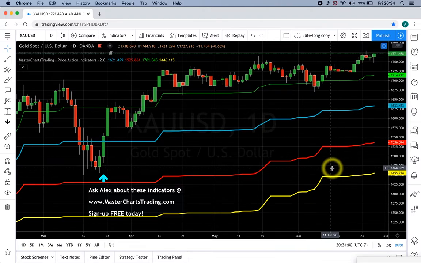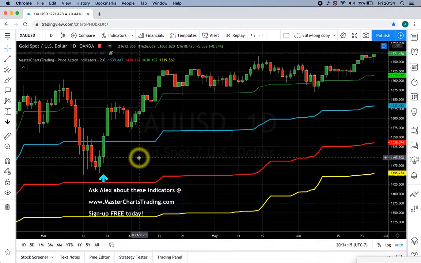Obviously, there is unrest, there is fear, there's all kinds of things happening out there, and gold is gaining as a result, or perhaps just because of the technical picture. Again, I don't really want to get into the reasons of why things are happening. We're technical traders, so we only look at the technical picture.